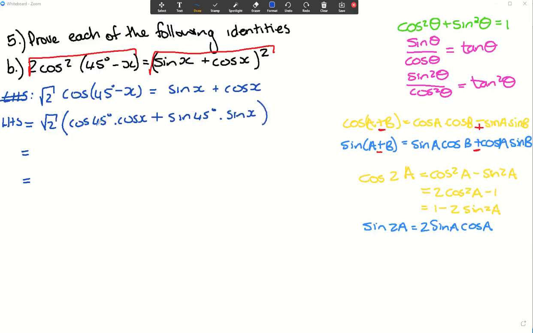And I know my special angles. If you don't know your special angles, always have them drawn on your Cartesian plane just before you start any activity. We're going to deal with the angle 45, but we also know 30 degrees and 60 degrees are special angles.